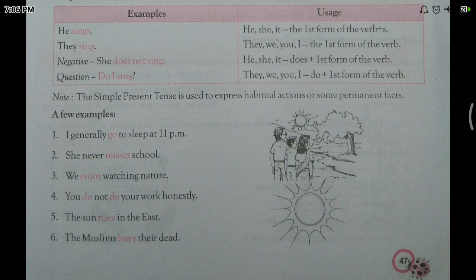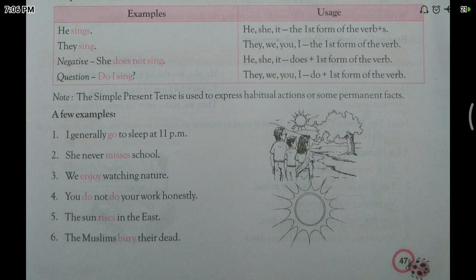And what about the question form? So we use do plus subject plus the verb's first form and a question mark to make it a question, or we use does plus subject plus the verb's first form and a question mark, as we can see in the example, do I sing.